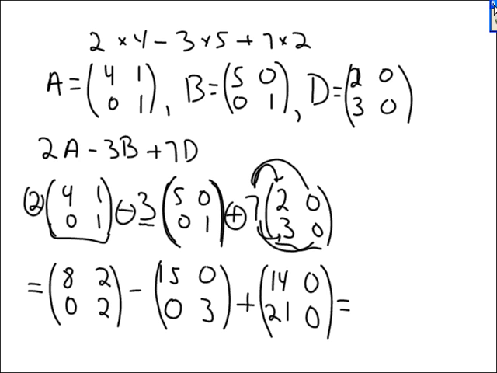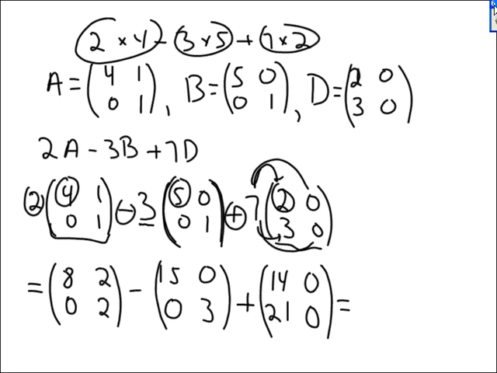Well, at the top I said we do problems like this. If you concentrate on the top left entry, the first thing I did was multiply 2 by 4, 3 by 5, and 7 times 2. And I subtracted and added them, just like it tells me to.